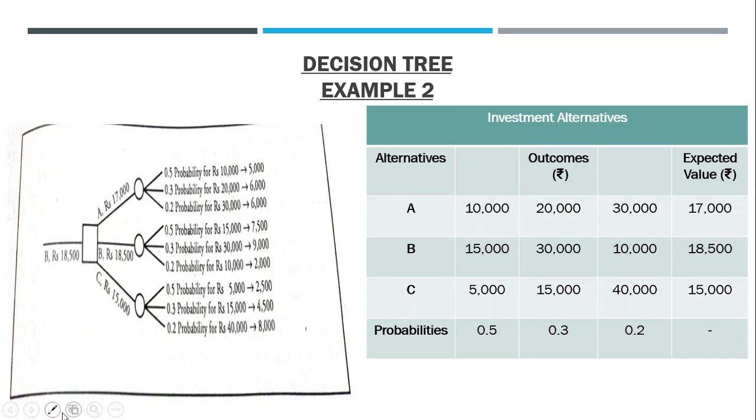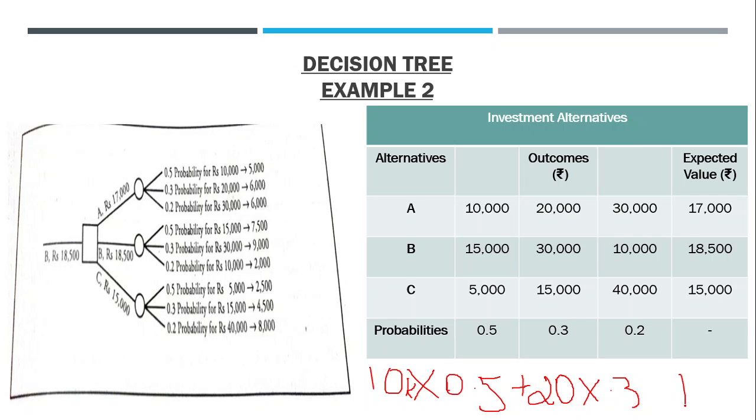that is 10,000 into 0.5 plus 20,000. If we have to get double return, there are chances that it happens on 0.3 basis.